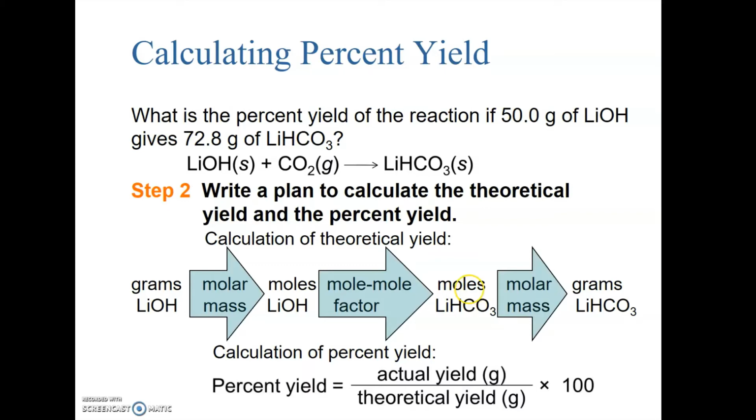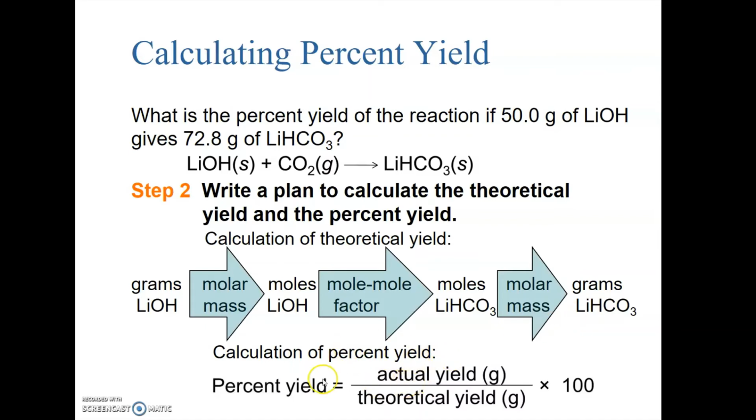After we get the moles of lithium bicarbonate, we multiply that by the molar mass of lithium bicarbonate to get the grams of lithium bicarbonate. After we get the mass of lithium bicarbonate, this is known as our theoretical yield.